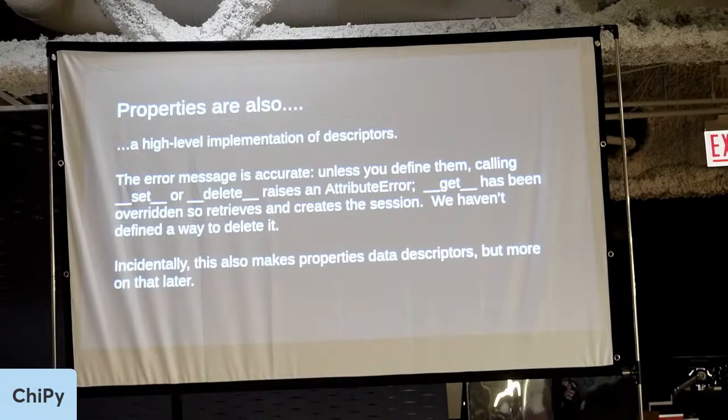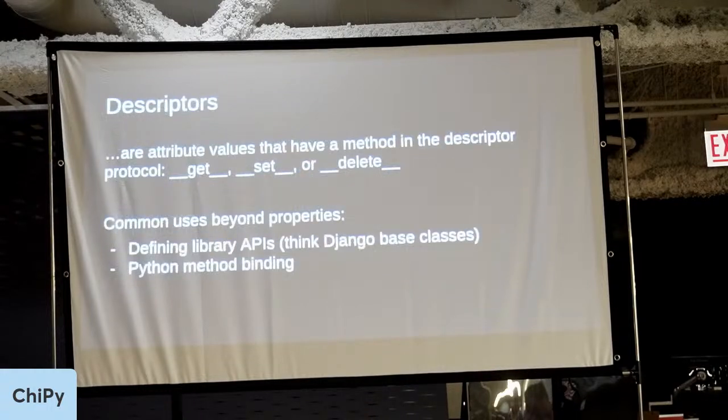Okay, so we know that we can't write to a property other than by calling get. Maybe we need to take a little more look at what descriptors are to understand why that's going on. So essentially, if we define a method on an attribute that's in the descriptor protocol, so that's __get__, __set__, or __delete__, we modify the behavior of that attribute.